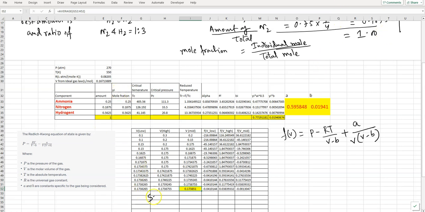So what will be the specific volume using the RK equation and bisection method?